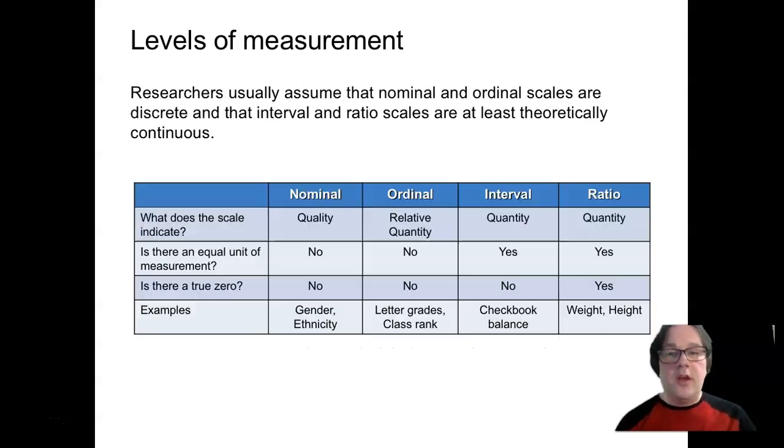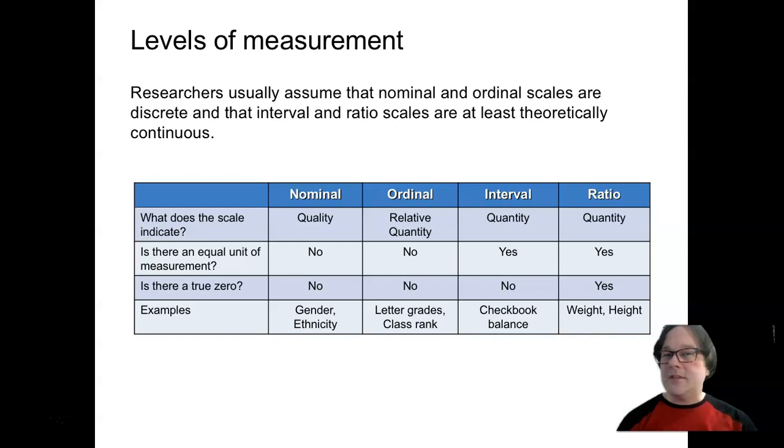Okay, so researchers usually assume that nominal and ordinal scales are discrete and that interval and ratio scales are at least theoretically continuous. And that's where I was going before in terms of talking about if I were to give you a Likert scale, say on a scale of 1 to 7, how happy are you?